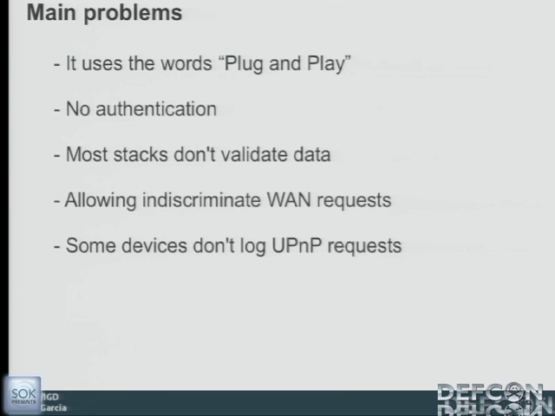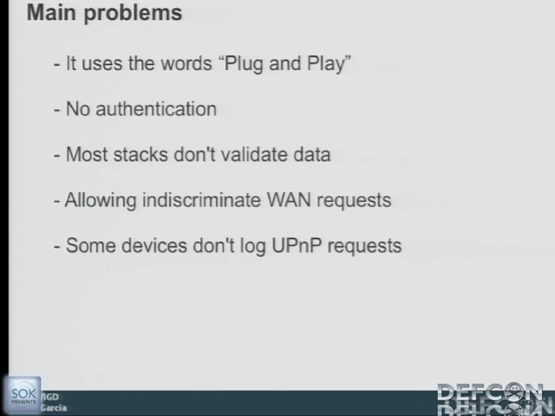But a lot of stacks do not check if the internal IP is actually on the LAN. So that allows us to put any IP that we want in that port mapping. If I want to add a port mapping at the device pointing to an Amazon IP at port 80, it's doable in most devices, which is also a little bit weird.